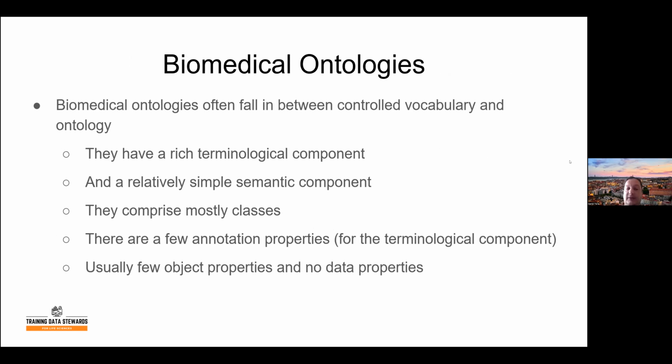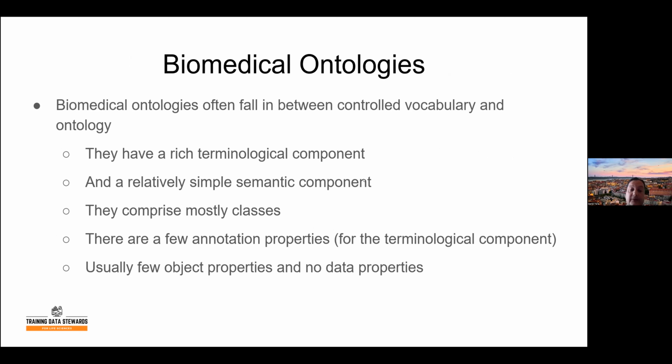But that actually is a much richer ontology than the typical biomedical ontology. So biomedical ontologies typically fall between a controlled vocabulary and an ontology. They are very rich in the terminological component. So they define labels and synonyms, human readable descriptions, often cross references to other ontologies.